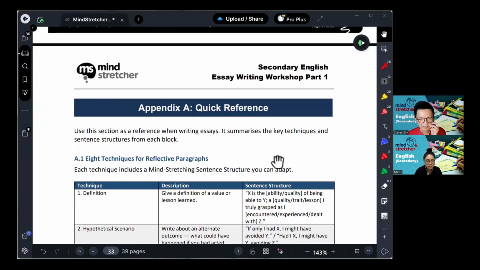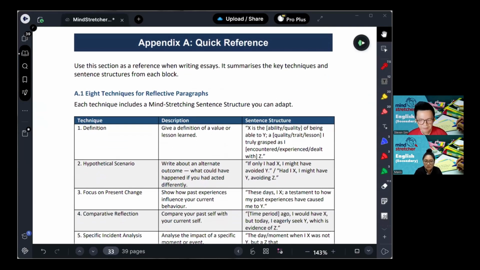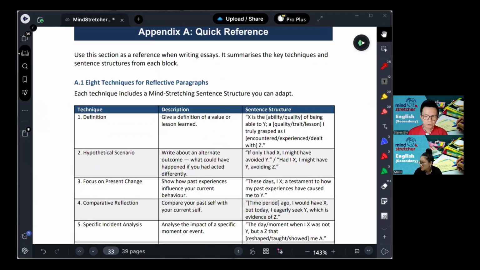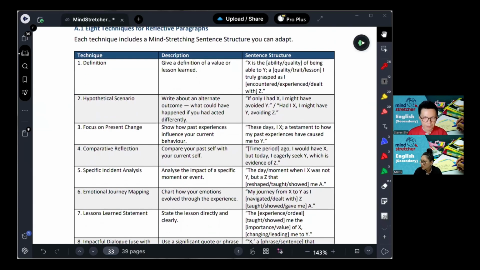Yeah. Appendix A. Look at Appendix A. So how to write the reflective paragraph? So there are techniques. It is not just you must write, but there are techniques. So I give you these techniques. I tell you what these techniques are. Okay. So these are the techniques.